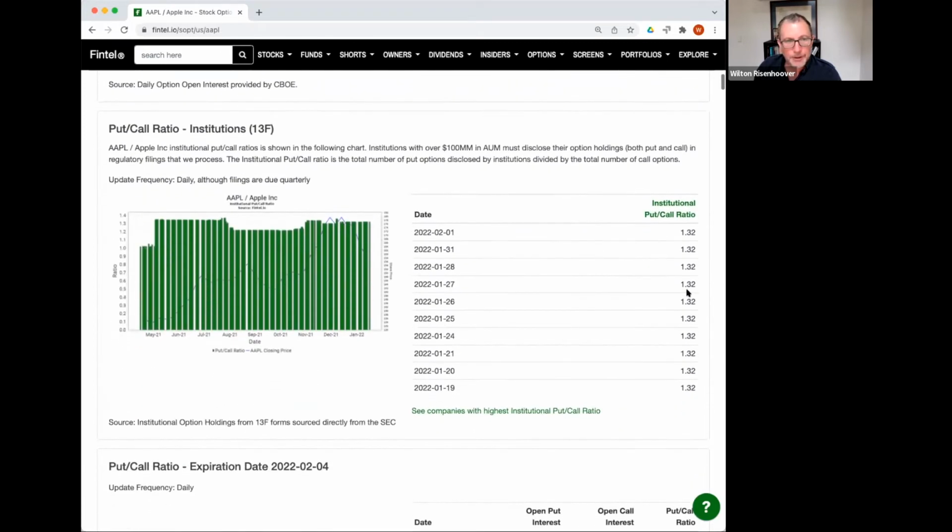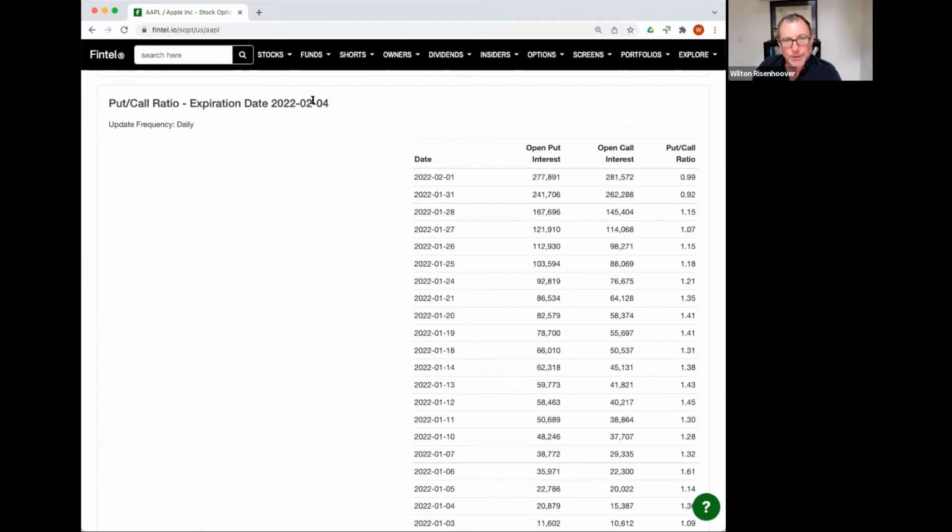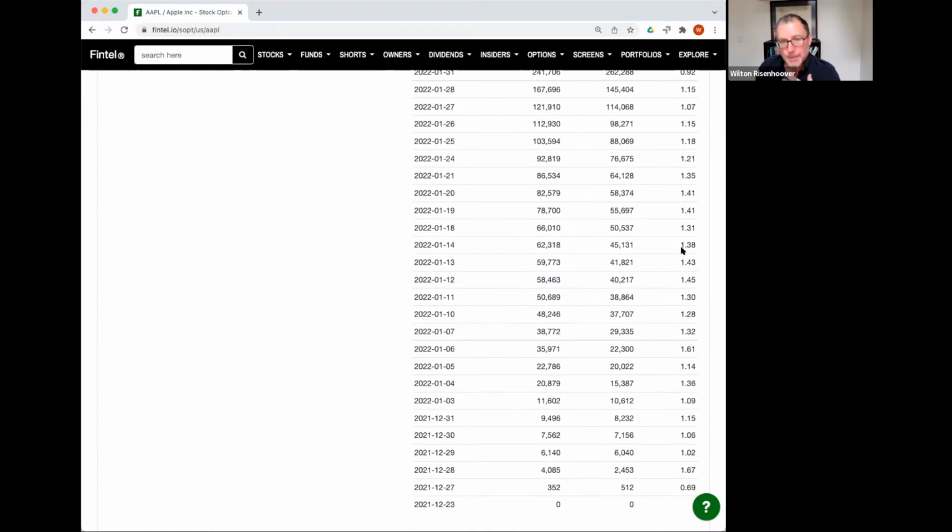You get further out here, and you can see things like the expiration date, which is 2/4, which would be this Friday, and you can see that the put call ratio changes. So there's people that believed that the short-term sentiment for Apple was actually somewhat bearish.